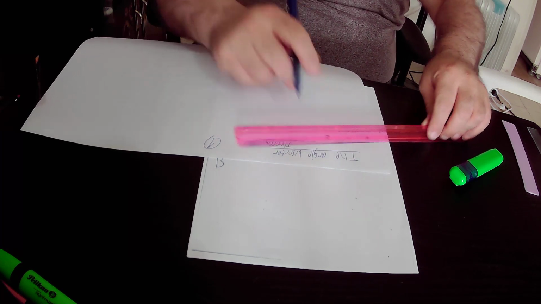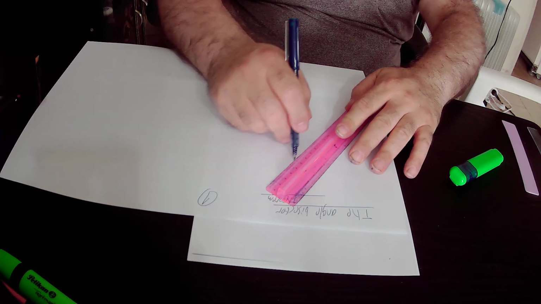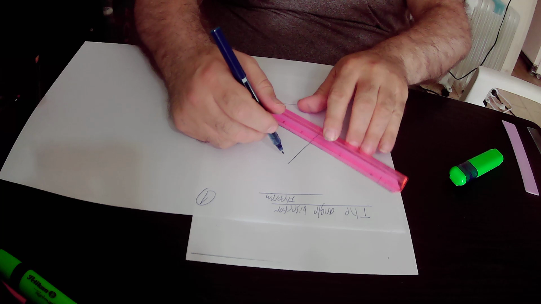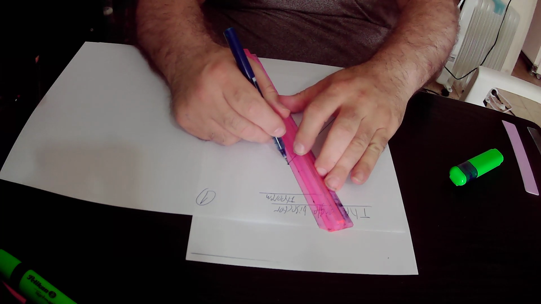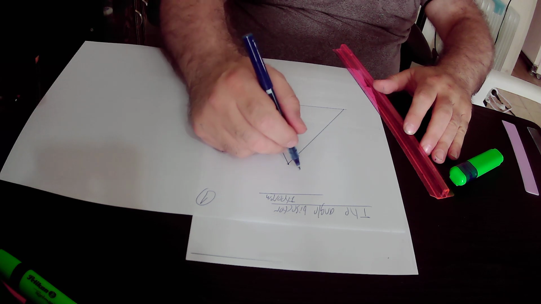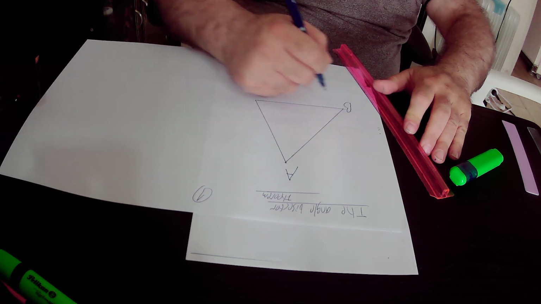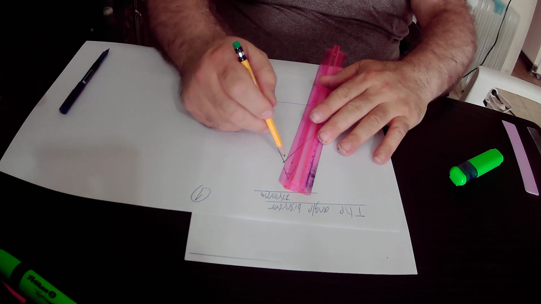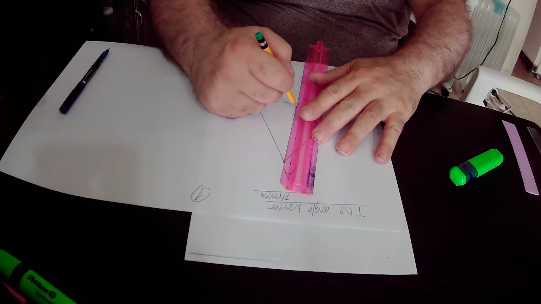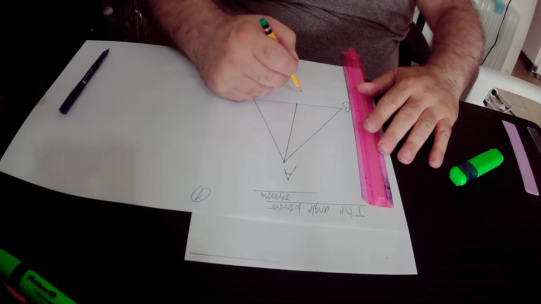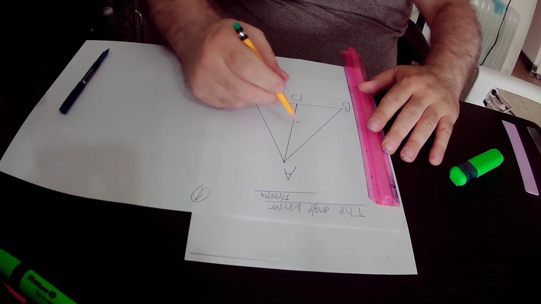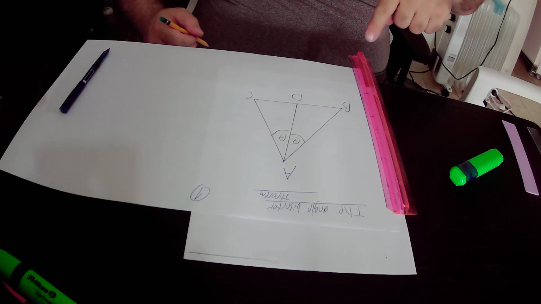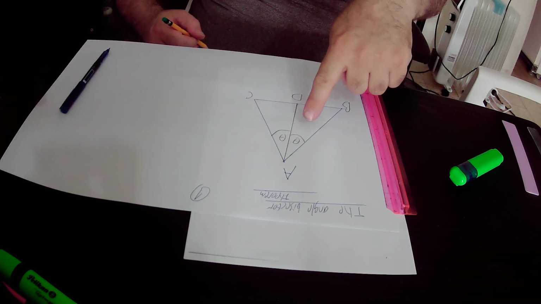So we have here triangle ABC that could be any triangle. And in triangle ABC we have the angle bisector AD. AD is the angle bisector because it divides angle BAC into two halves. Each half equals theta.